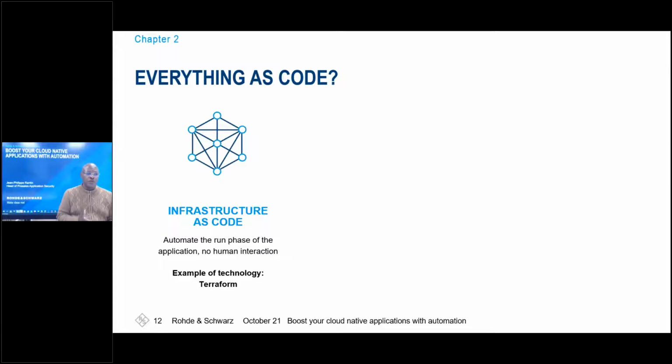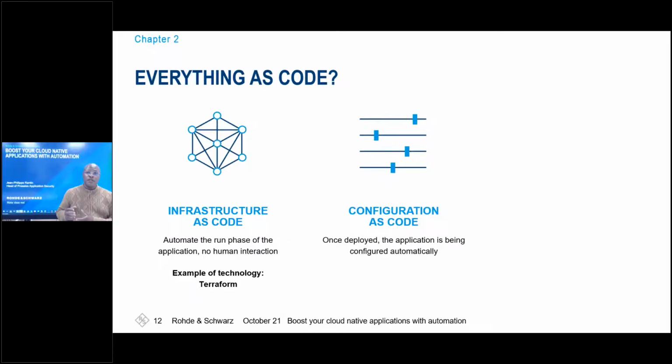We talked about some tools like Terraform that can do so. Then the second step will be to configure what you push, so the configuration as code. For that, you will configure all the applications or microservices or containers that you pushed using infrastructure as code. You will now use them without any human interaction as well to configure them. And the best tool probably for that is Ansible.